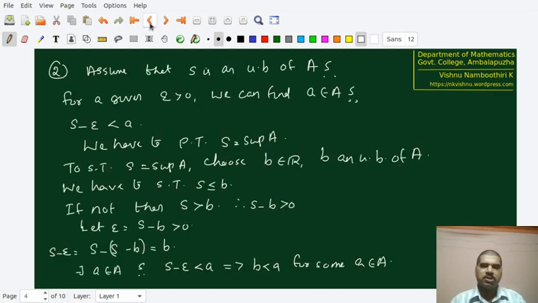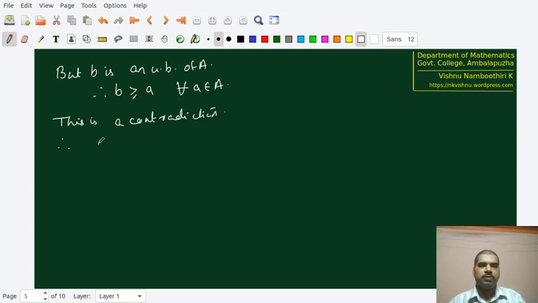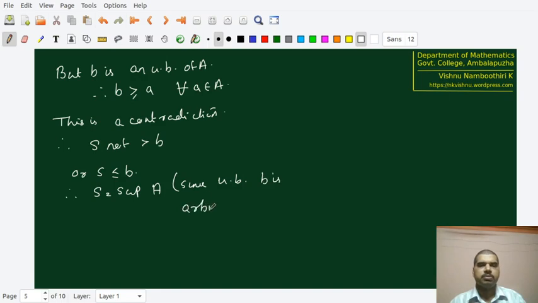So there must be something wrong that we have assumed. What is it that we assumed wrong? All these things happen because we assumed that S is greater than B. Therefore, S is not greater than B, so S is less than or equal to B. For whatever upper bound we choose, S is less than or equal to B. Therefore, S equals the supremum of A, since the upper bound B is arbitrary.